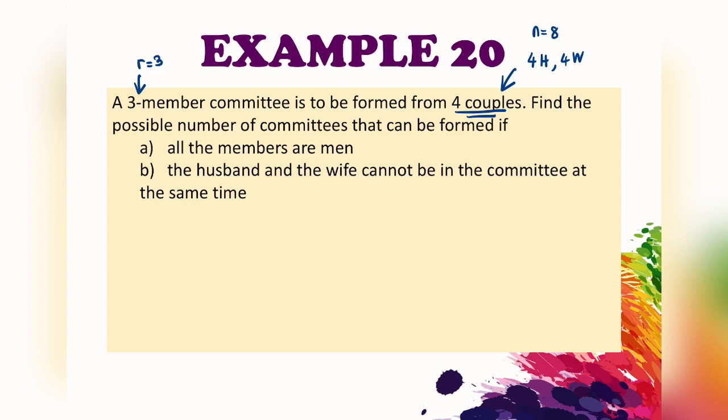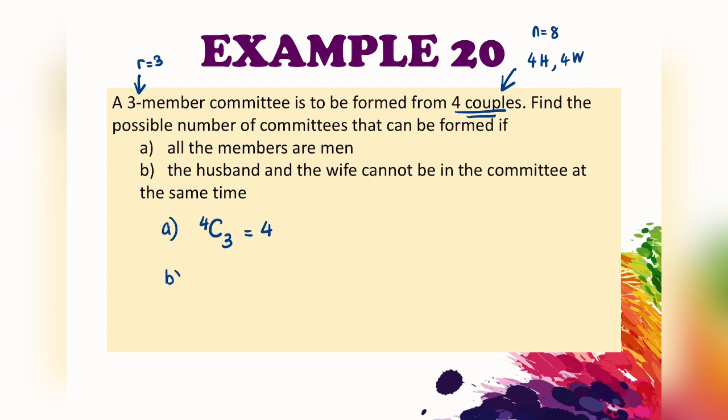So we have 4 men, because of the husbands. So from 4 men, we need to choose only 3 as members of the committee. So 4C3 will be 4.